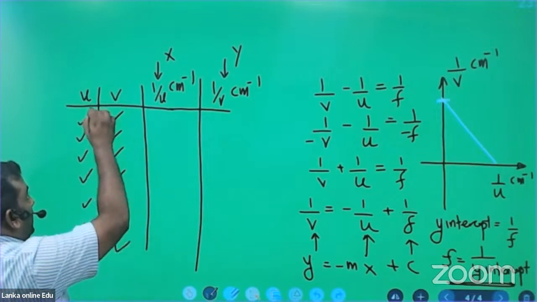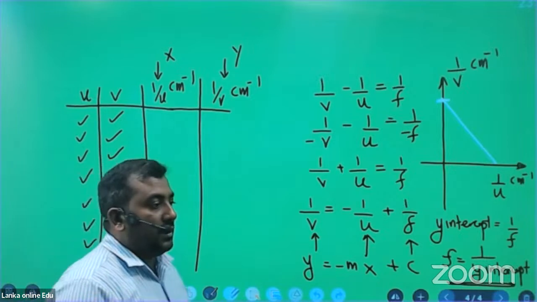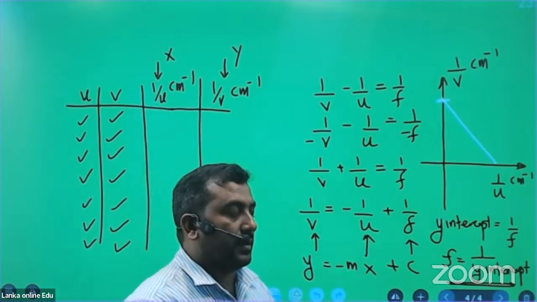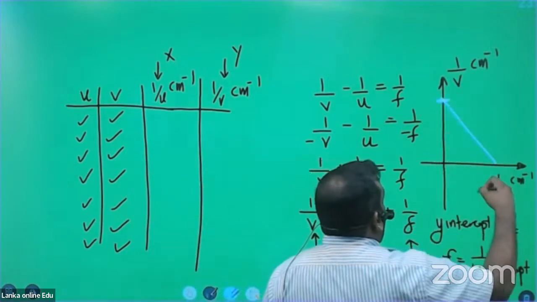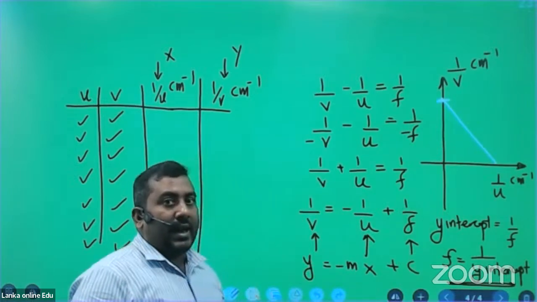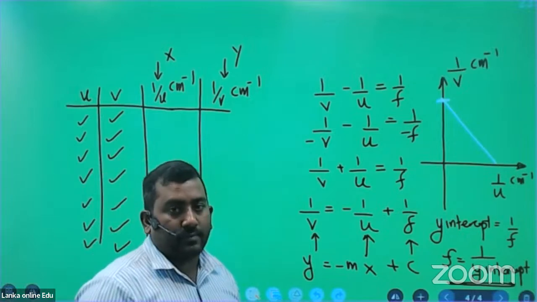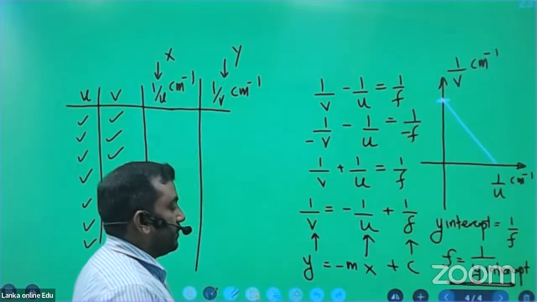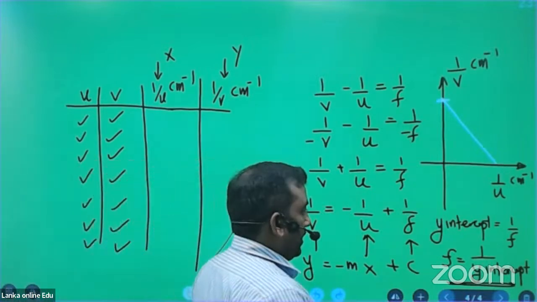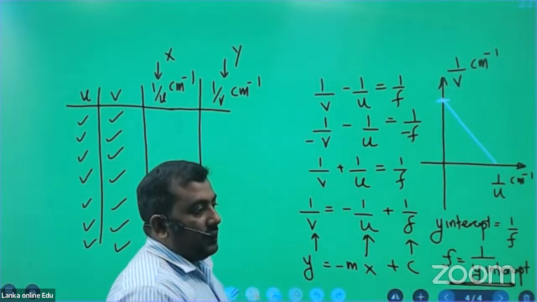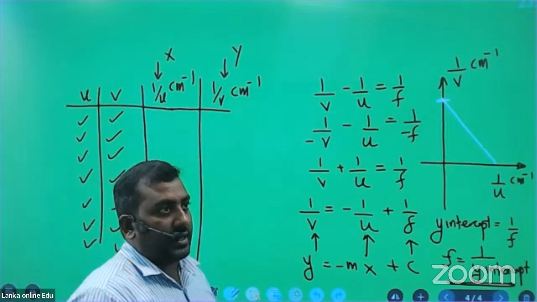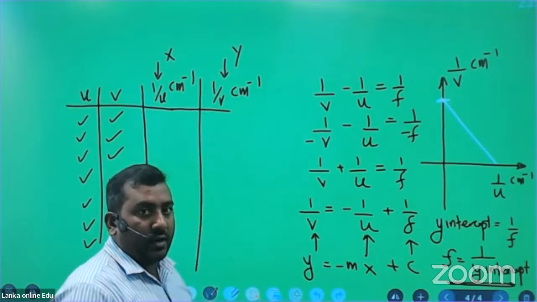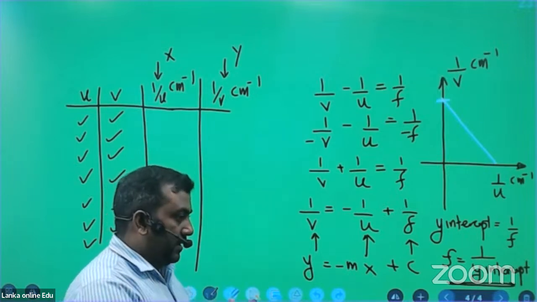We plot a table between U and V, and we draw a graph between 1 over U and 1 over V. Using the y-intercept, we can find the focal length.